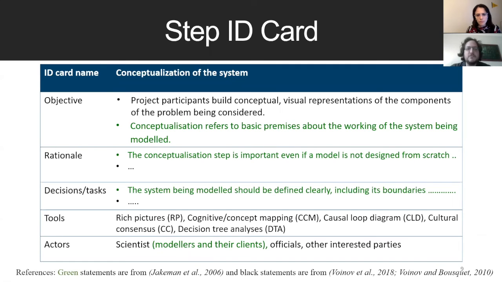That's still too broad to be able to have a common understanding of, well, what does each of these steps actually involve? So what we experimented with there is the idea of an ID card for each step. And the first priority is to think about, well, what do we want to know about each of the steps? And so this is a fairly straightforward concept in principle.